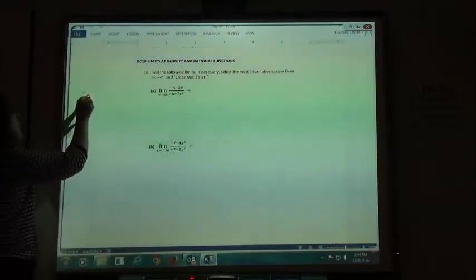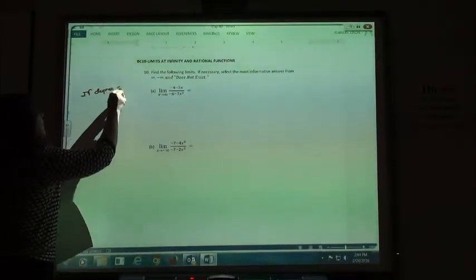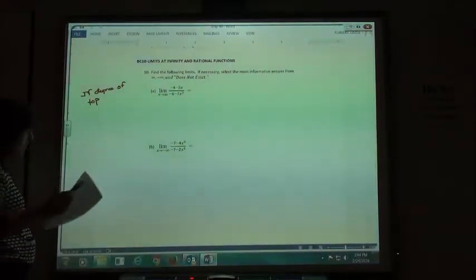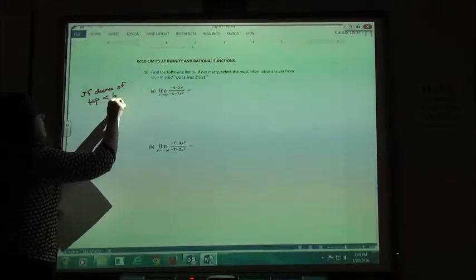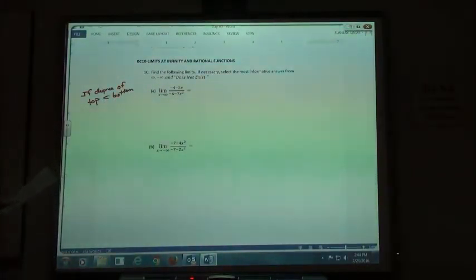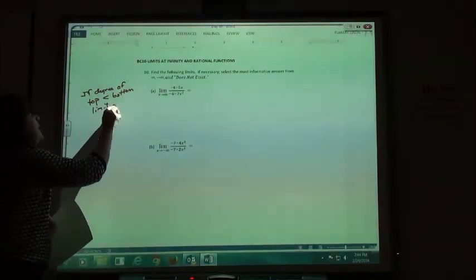So if the degree of the top is less than the degree of the bottom, then the limit equals 0.